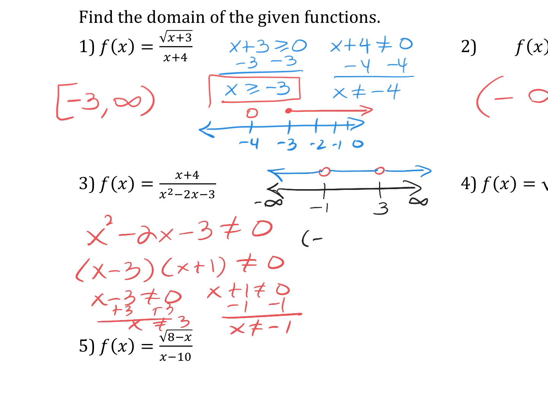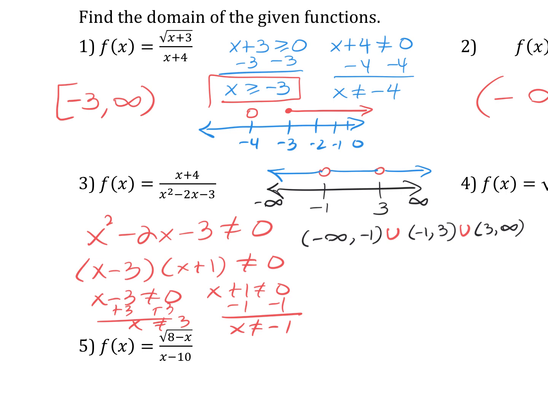So it's going to go from negative infinity up to the negative 1 with the parentheses because it can't include it. Then I'm going to union it. That's the open circle. Start again at negative 1, go to positive 3, union, start up again, and then to infinity. All parentheses.